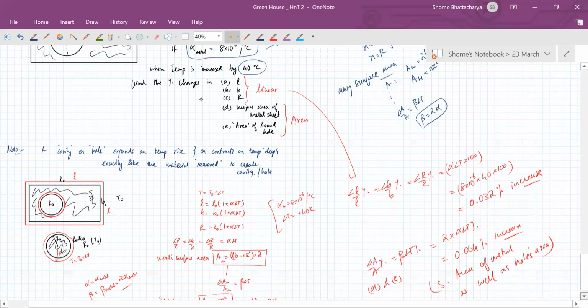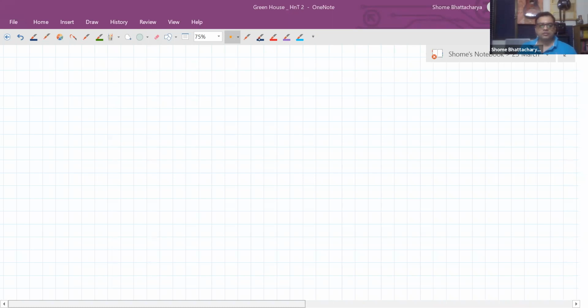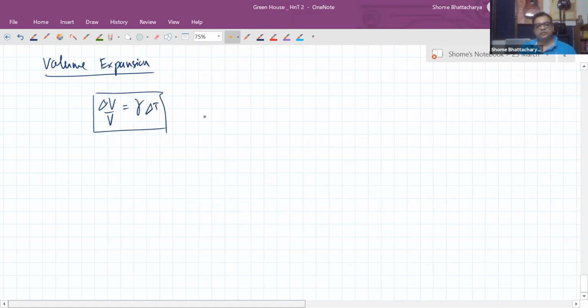Now let's move on to the next part, which is about volume expansion. That's just a continuation of this. Volume expands with temperature according to this sort of a relation, where gamma is called the coefficient of volume expansion.